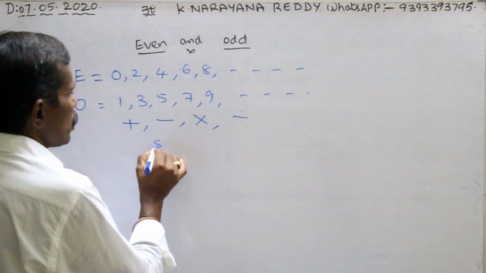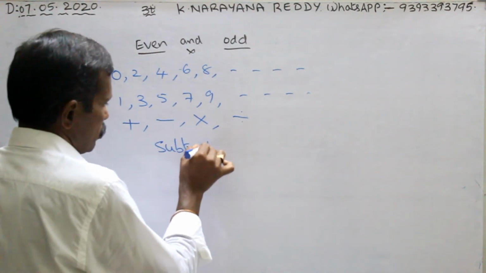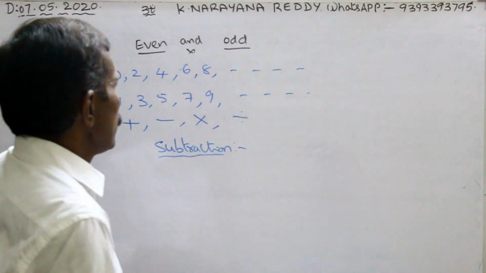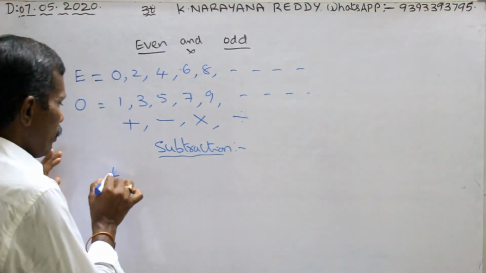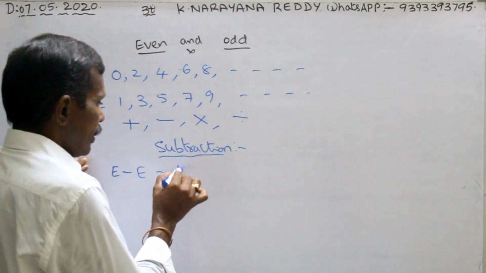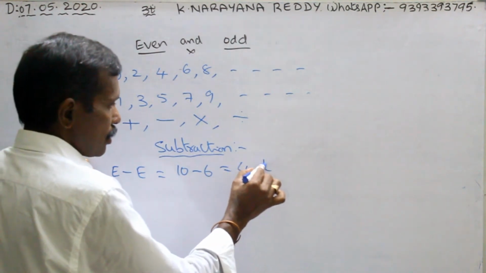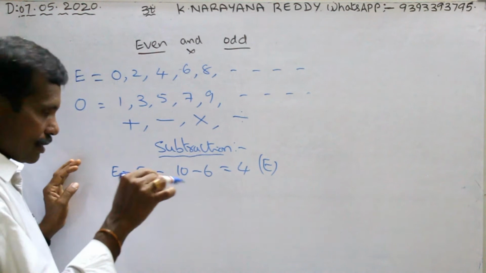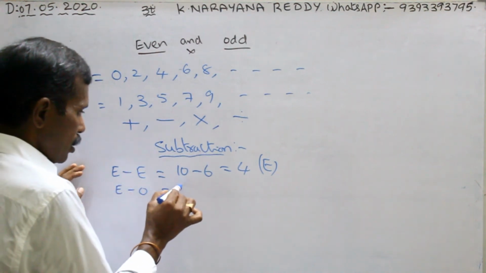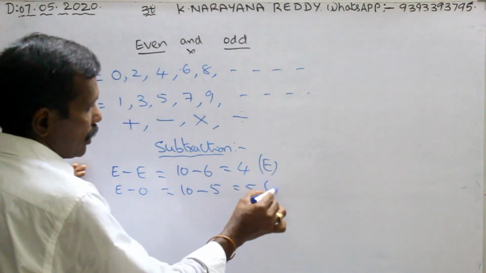Next we can do subtraction. See here, even minus even. For example, 10 minus 6 is 4. That is even. In the same manner, even minus odd. Suppose take 10 minus 5, that is 5. That is odd.